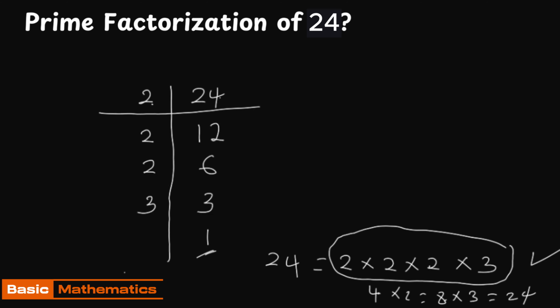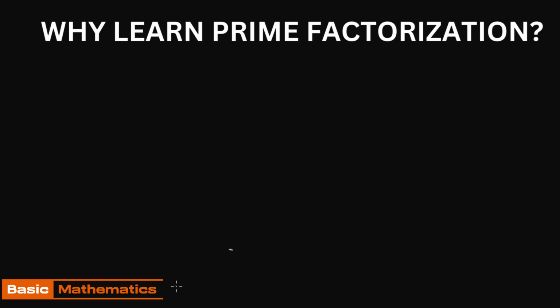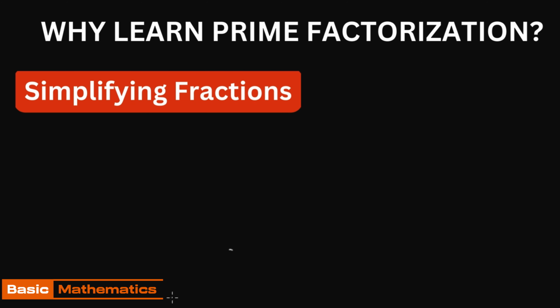Now, the reason why we have to learn to do prime factorization is that it can be applied in fractions. For example, it helps us in reducing fractions to their lowest or simplest form.